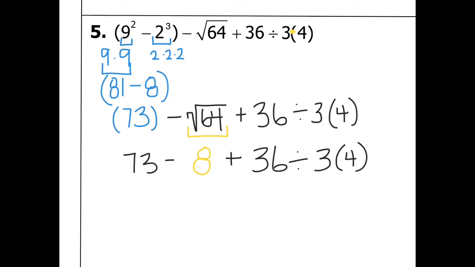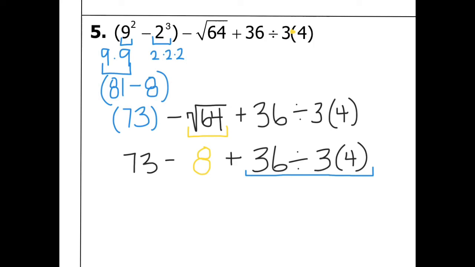And now I'm going to focus on my multiplication and division from the other side, okay? So I've got some multiplication and division here, right? We're going to talk about working left to right, okay? Because multiplication and division are equals. So I'm going to take my 36 divided by 3 first.